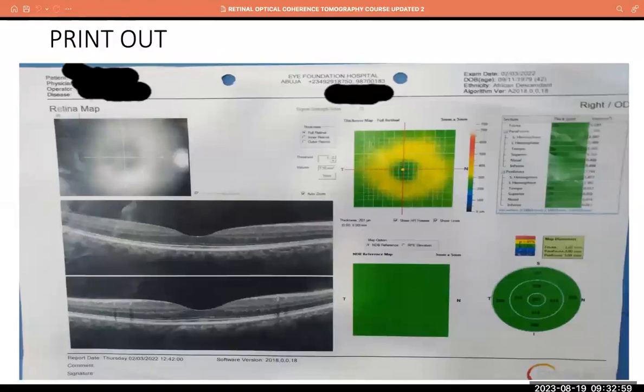The signal strength in this patient is 71. Usually tests that have signal strength less than 50 are thought not to be reliable. So if the media is clear and the signal strength is better than 50, it's thought that it will be fine.